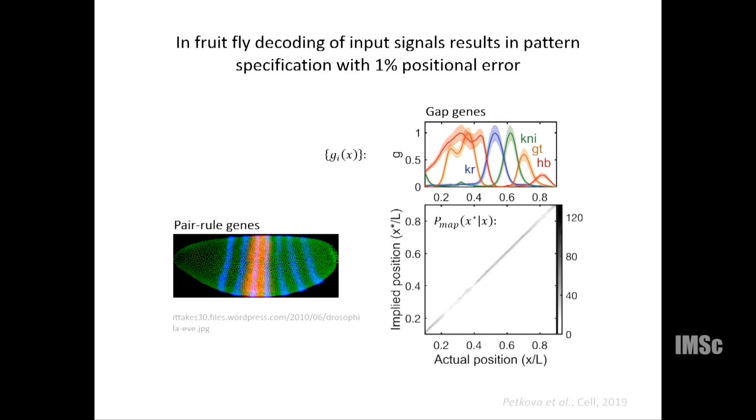But maybe it's not so surprising, because we used the wild type data, so no mutants so far, and we tried to predict, based on the wild type signals that were measured, what the implied fate is.